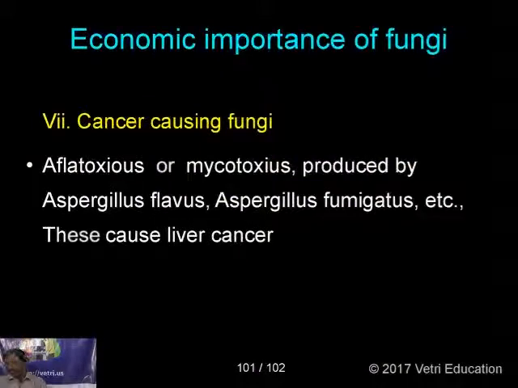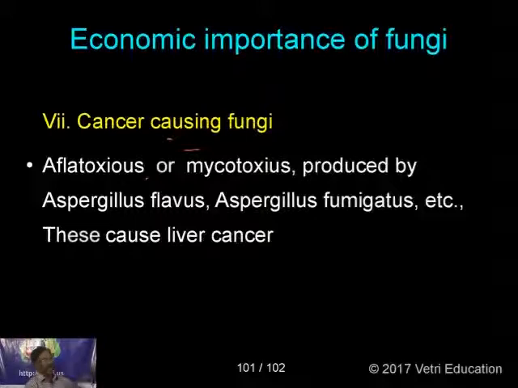And cancer causing fungi. You can find aflatoxins or mycotoxins produced by Aspergillus flavus, Aspergillus fumigatus, etc. They cause liver cancer. It is a general experience in groundnut. In dried groundnut pieces you can find some yellow color, which is poisonous.